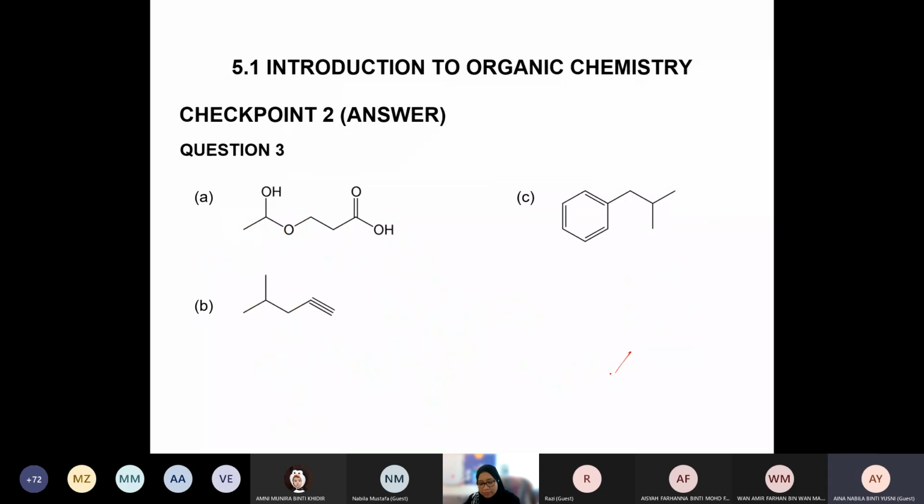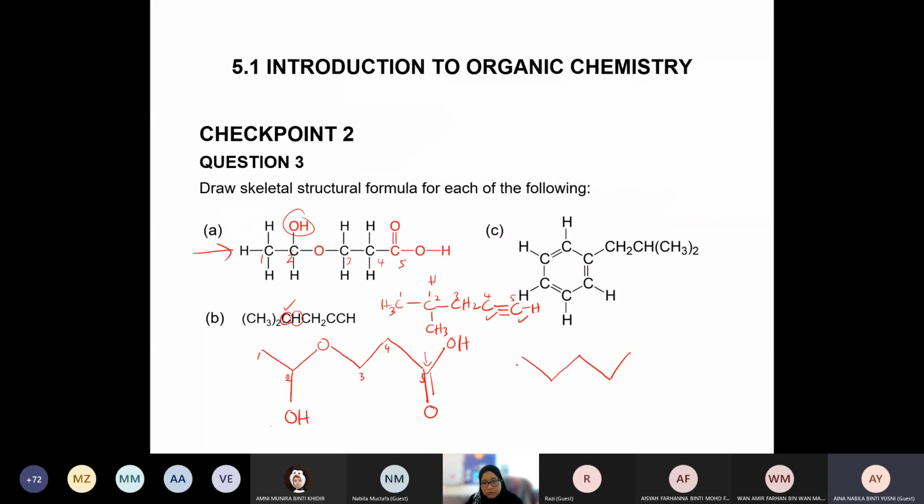Always count back your carbon. 1, 2, 3, 4, 5. At carbon number 2, we have CH3. This is how you should represent your CH3, like this, just a simple line, because this represents C, and the H will of course not be shown.